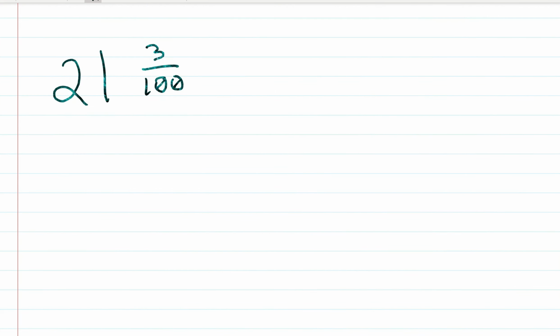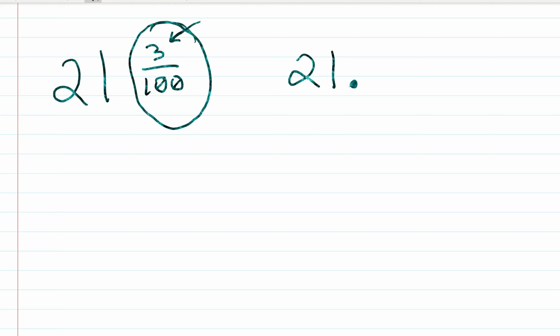Our next example says 21 and 3 hundredths. We know the 21 is the whole number, so that gets written to the left of the decimal. But now we're looking at the fraction 3 hundredths. The only number there is a 3, so the 3 has to be in the hundredths place. But remember, with decimals, we count going to the right. That first value is the tenths place, and the second value is the hundredths place.